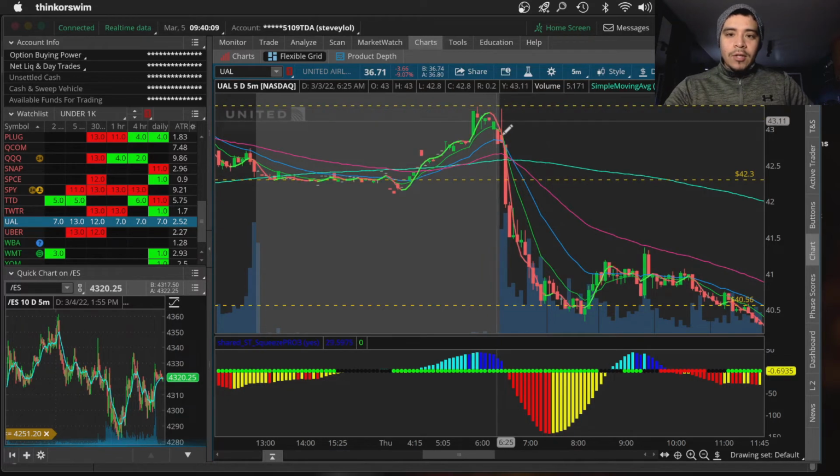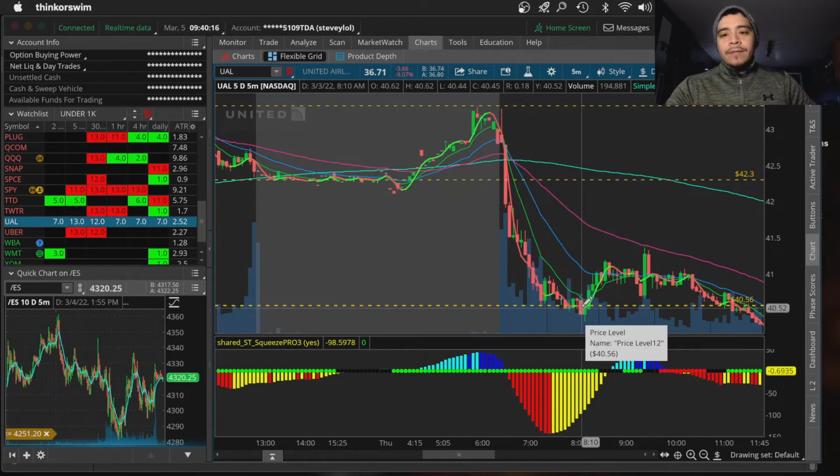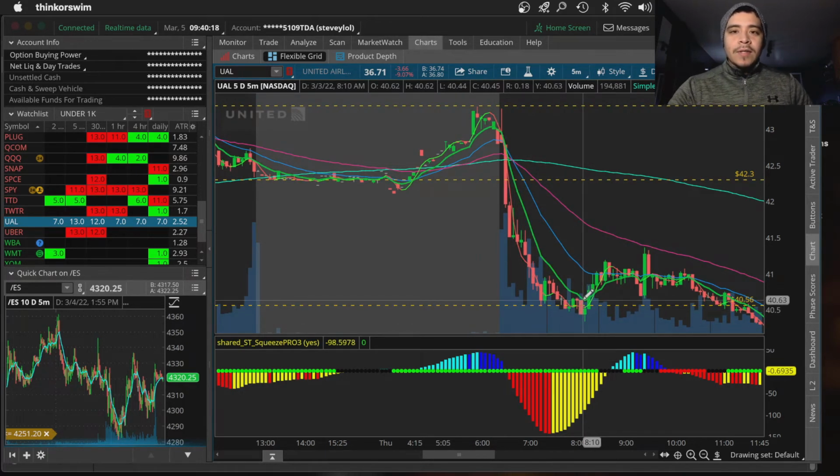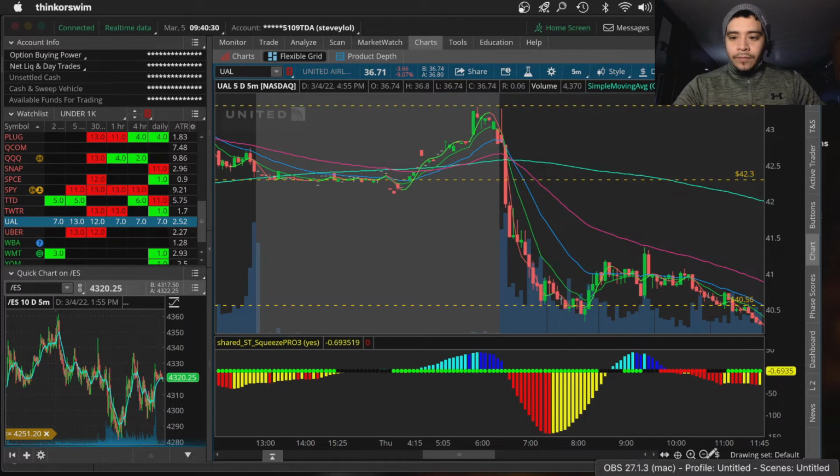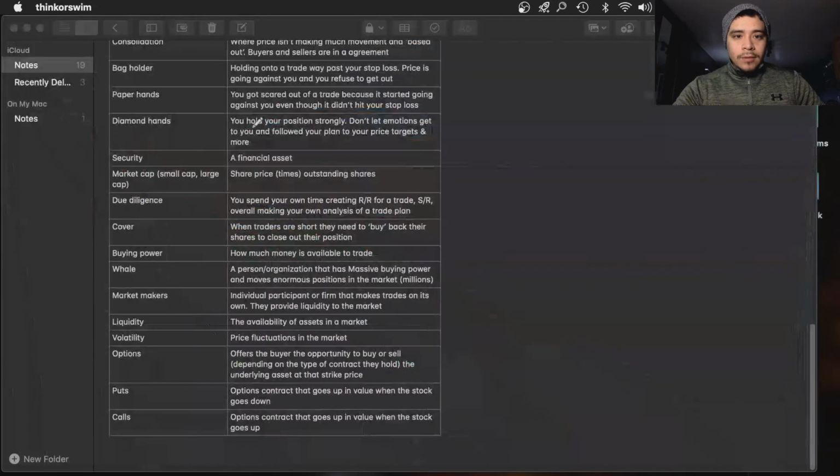So I shorted the stock at 42.30, and I covered at 40.50. That's how a sentence would go. Basically it means I took the position at 42.30 and I got out of my position at 40.50. Simple terms.